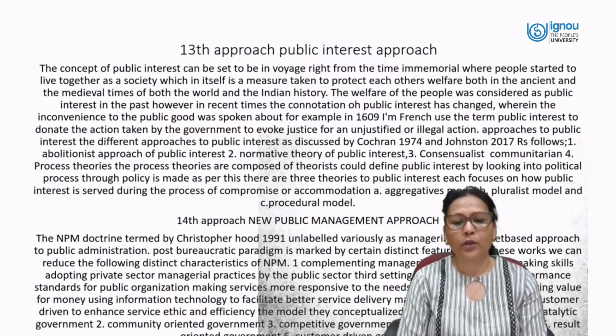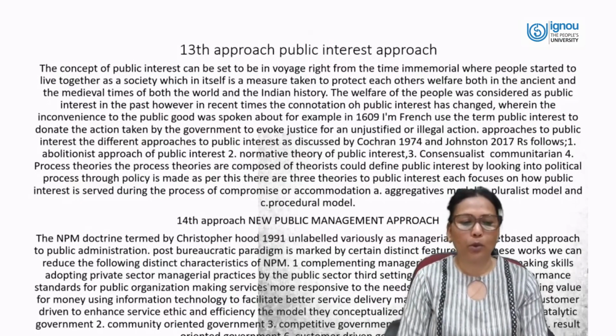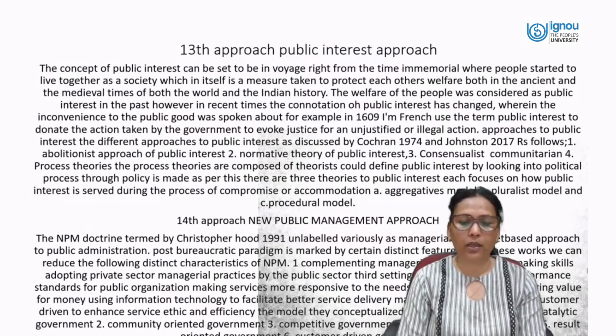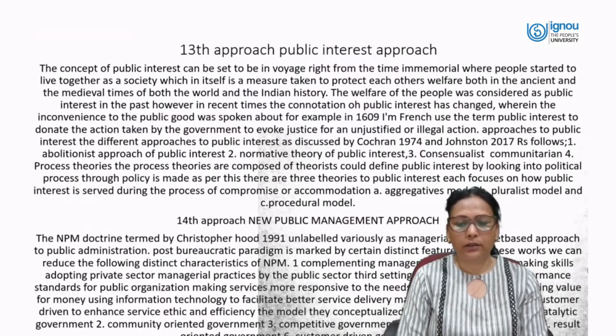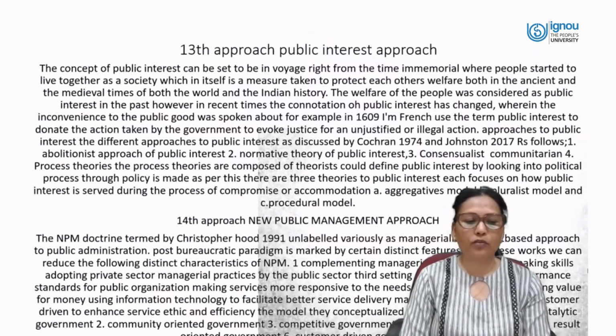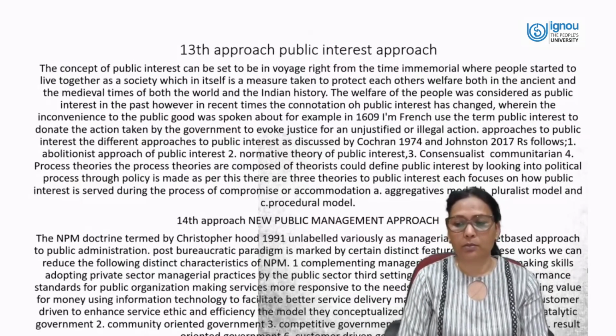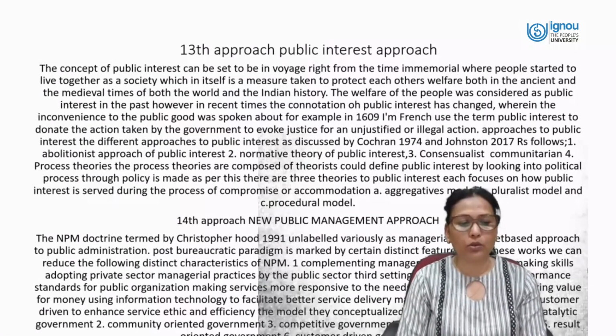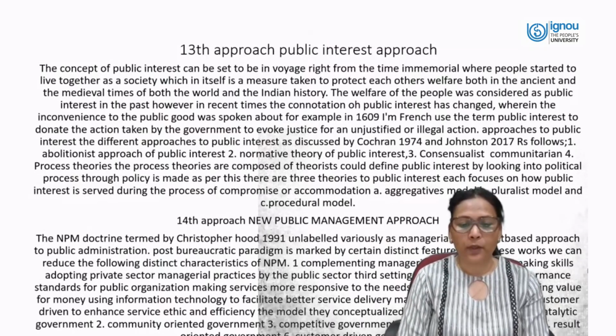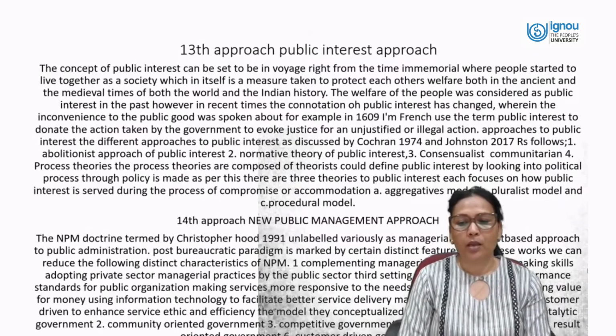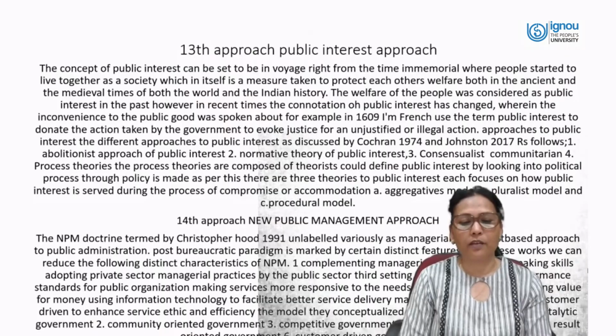First characteristic was complementing managerial along with policy making skills, adopting private sector managerial practices by the public sector. Third was setting explicit measures of performance standards for public organizations, making service more responsive to the needs of the customer and ensuring value for money, using information technology to facilitate better service delivery, making public administration customer driven to enhance service ethic and efficiency.